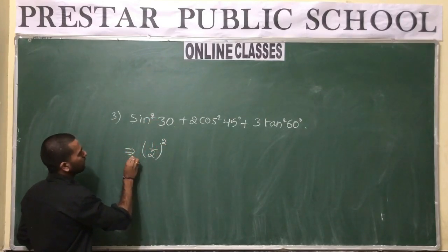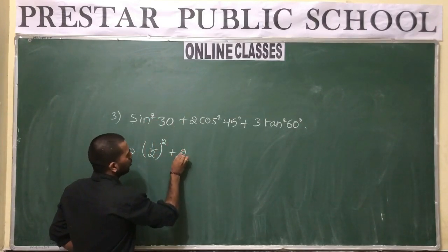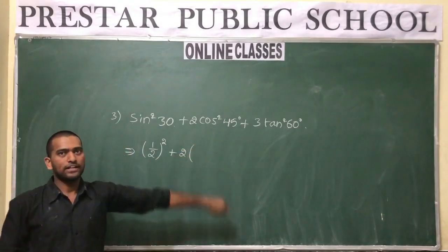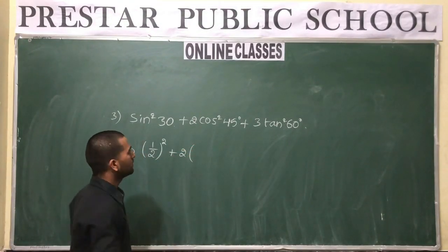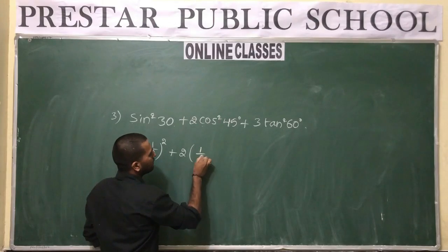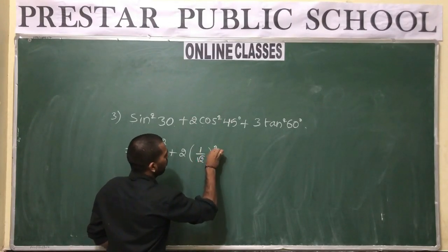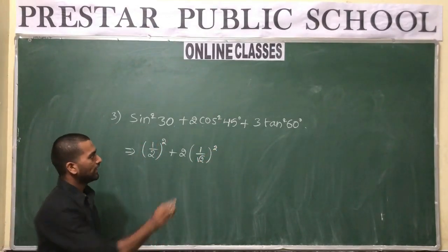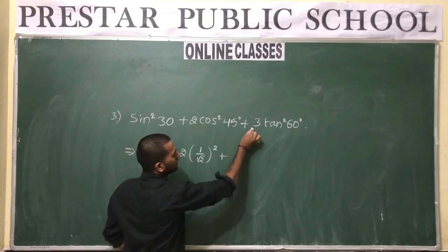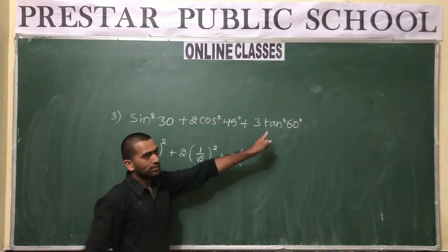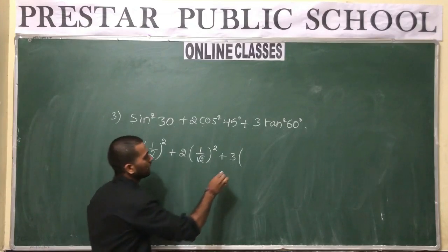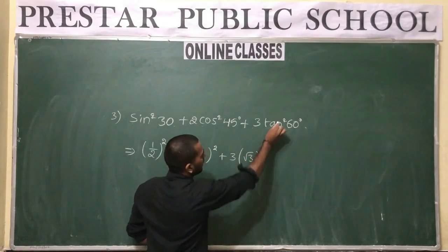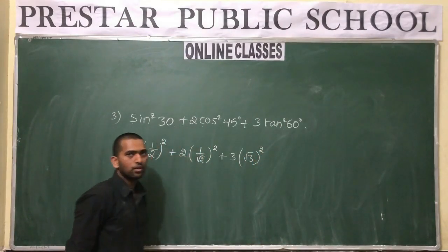So whole square plus 2 into what is cos 45 value? It is 1 upon root 2. Yes. Cos square 45 means 1 upon root 2 whole square. Okay, next plus 3 into tan 60 value. Tan 60 value is root 3. Square is there, so whole square.